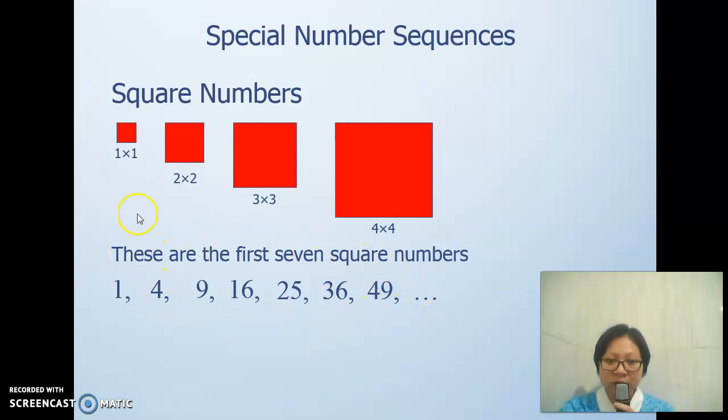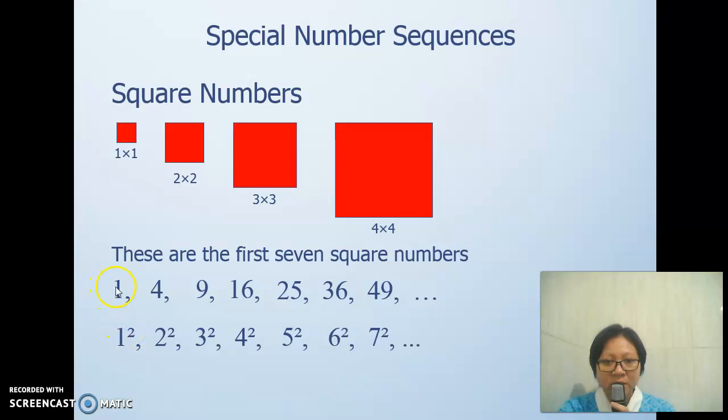You need to recognize this immediately, that these are square numbers. If I write down the square numbers in index forms like this: 1 squared, 2 squared, 3 squared, 4 squared, 5 squared, 6 squared, 7 squared, I can formulate that the nth term for the sequence of square numbers is n squared.